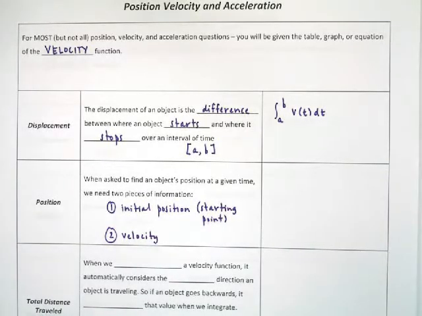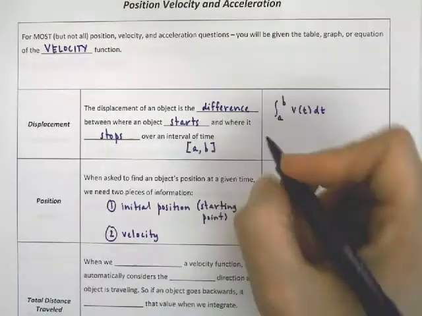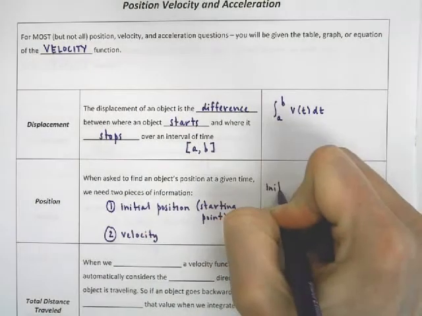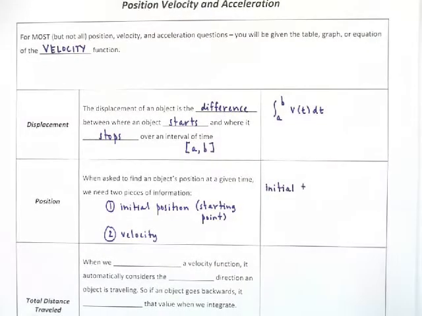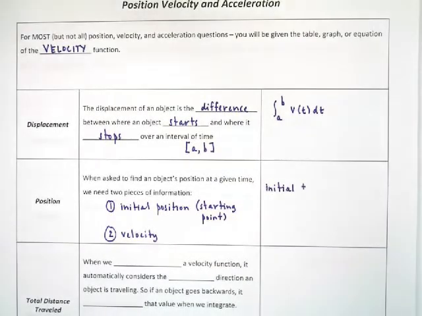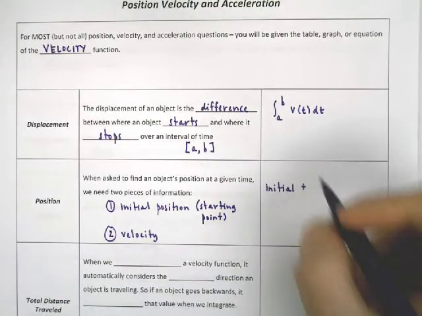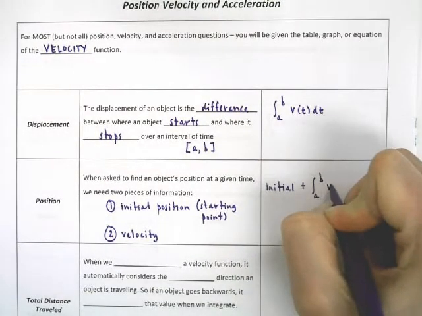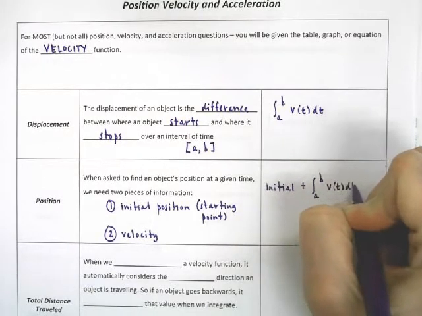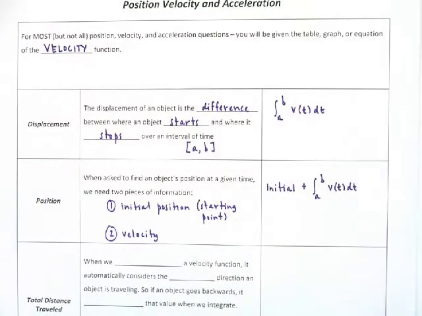Because in order to find position, I need to know where did I start, so I'm just going to call that my initial. And then I'm going to add, well, how far did I get from where I started? So I'm going to take my initial position and add how far I got. And that will give me the position.